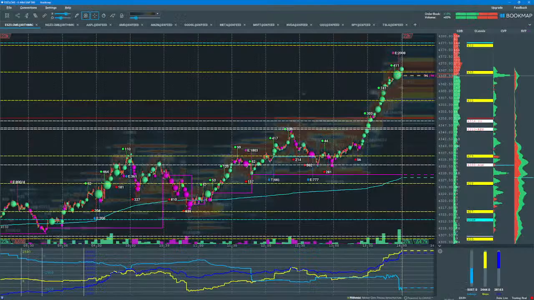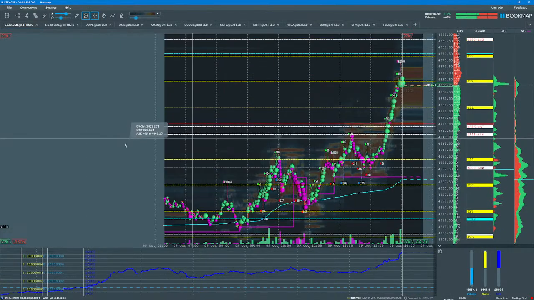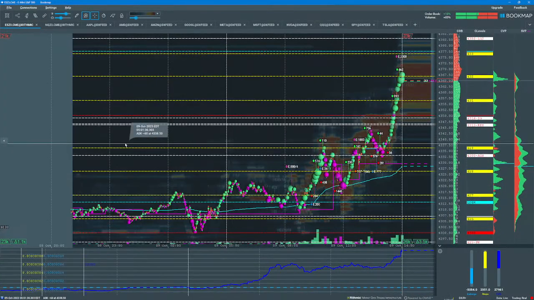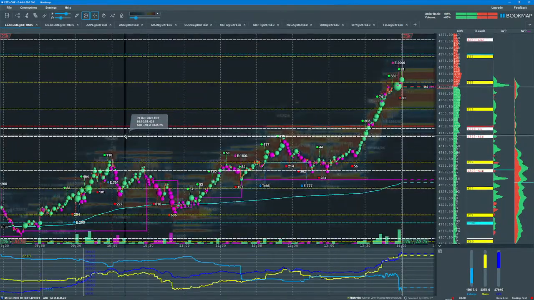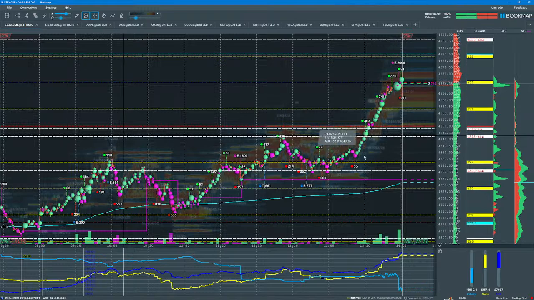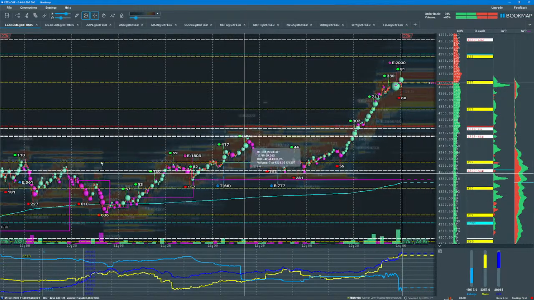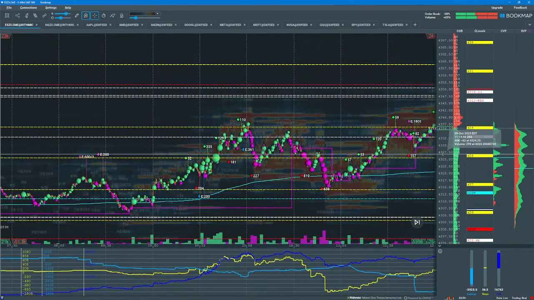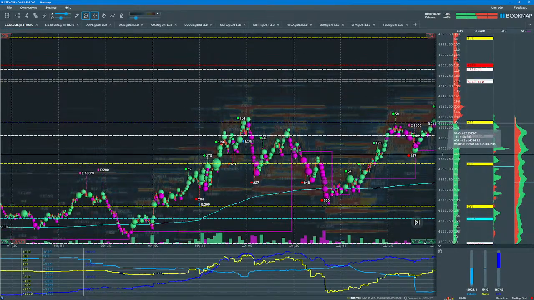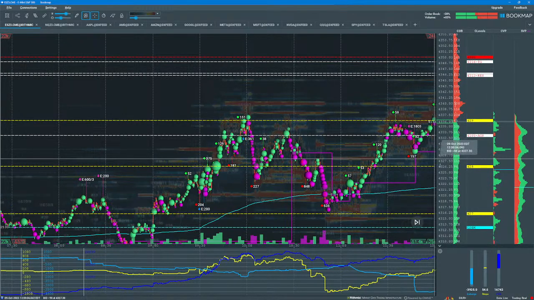So again, I'm focusing on the morning setup, not the afternoon rally. We'll take a look at that in just a minute. All right, so this turned out to be not that significant. Let me just zoom in on this just a bit. You know, you never know in the morning what's going to happen.